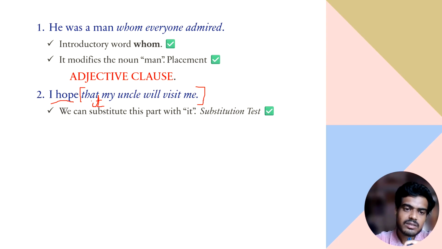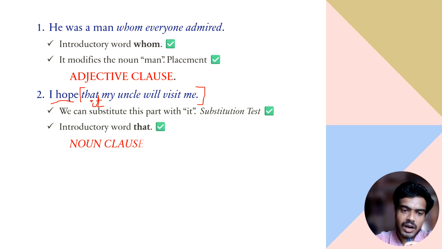We can write it in place of this entire clause. Next, we have the introductory word that. We can see that it is the word that here, and we can easily identify it as a noun clause.